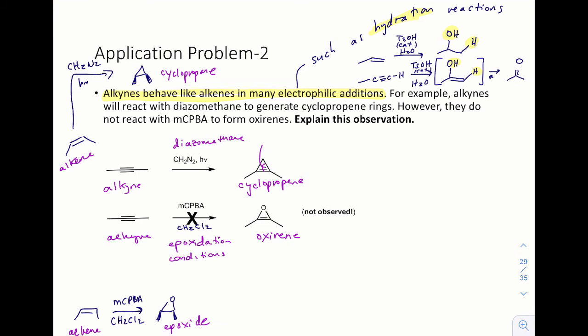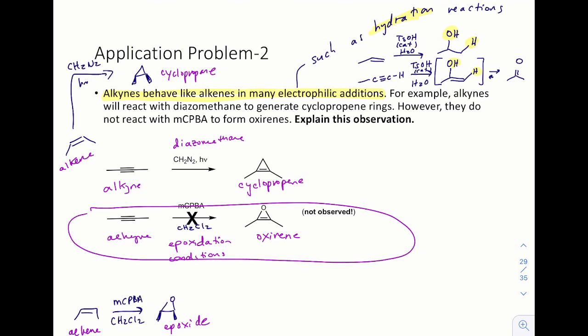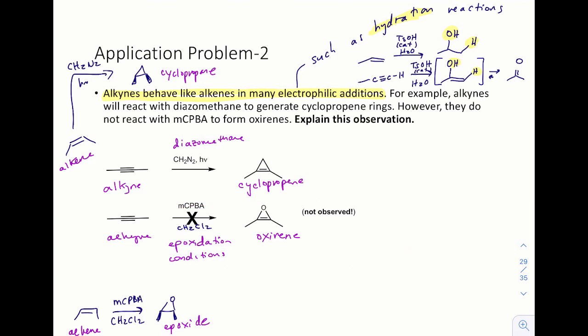So there's a lot of strain associated with the cyclopropene for sure. And it would also be associated with the oxirene. But the oxirene isn't observed at all, not even a little bit. We can heat this reaction as hot as we want, and the oxirene is not observed. How can we explain this?